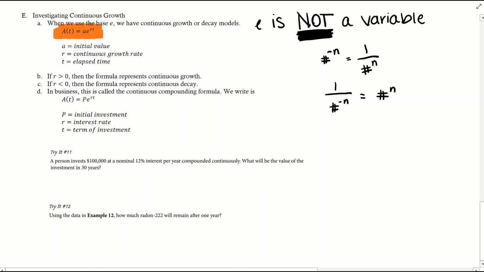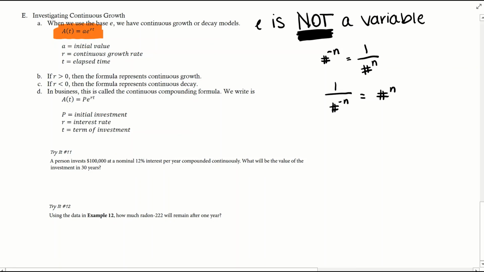If it is a negative exponent, it belongs on the opposite side of your fraction bar. That is why it is growth versus decay.